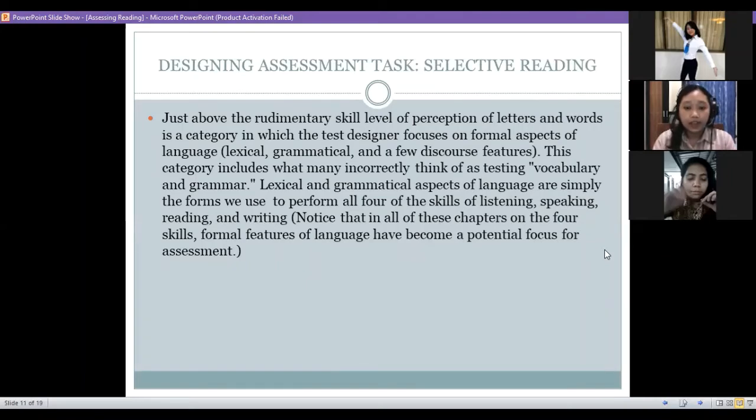Lexical and grammatical aspects of language are simply the forms we use to perform all four of the skills of listening, speaking, reading, and writing. Notice that in all these categories of the 4 skills, formal features of language have become a potential focus of assessment.